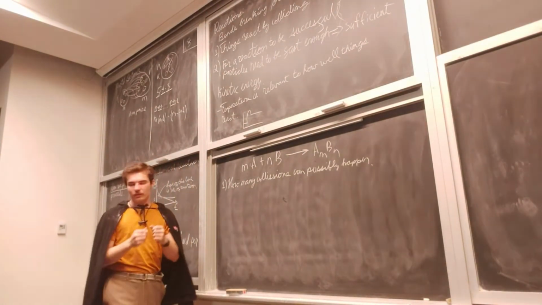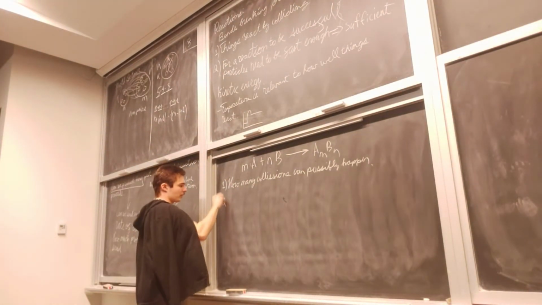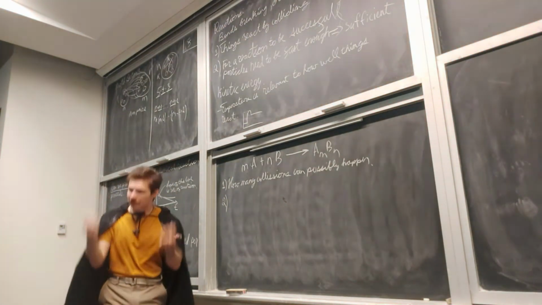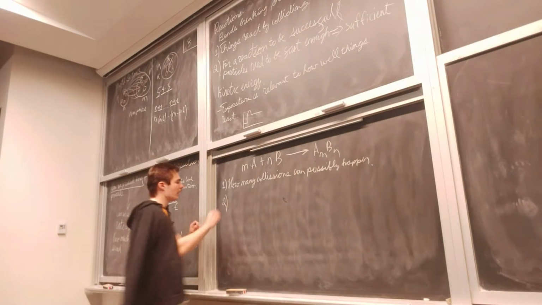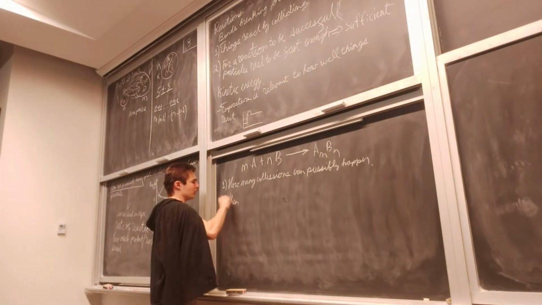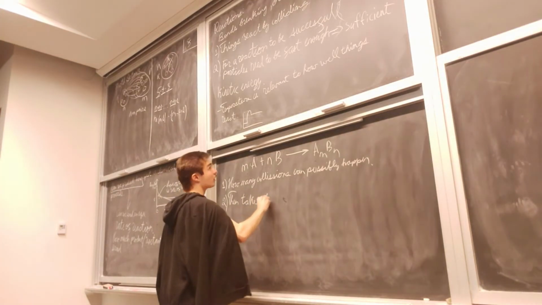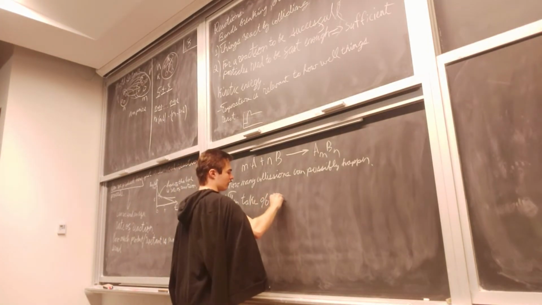We calculate how many collisions can possibly happen, take this number, and then multiply it by the percent that actually successfully happens.